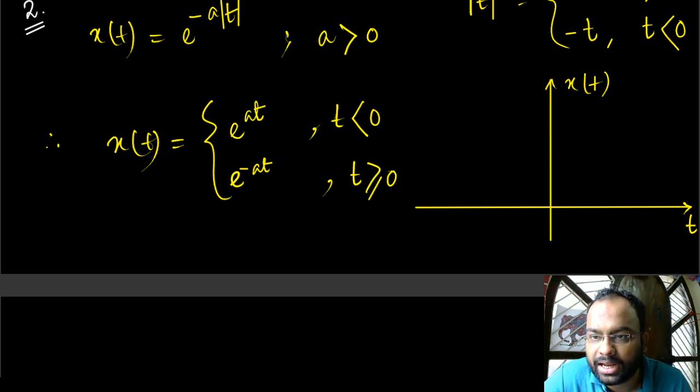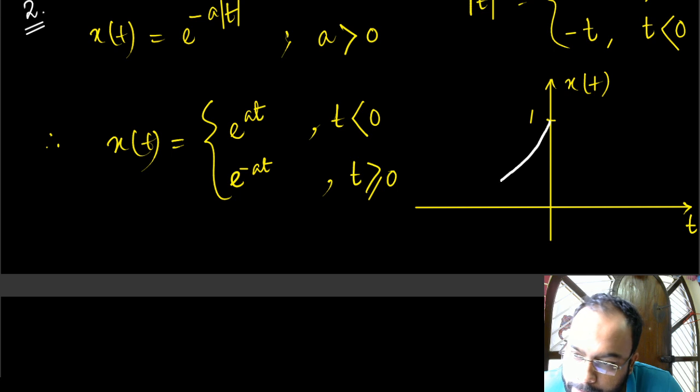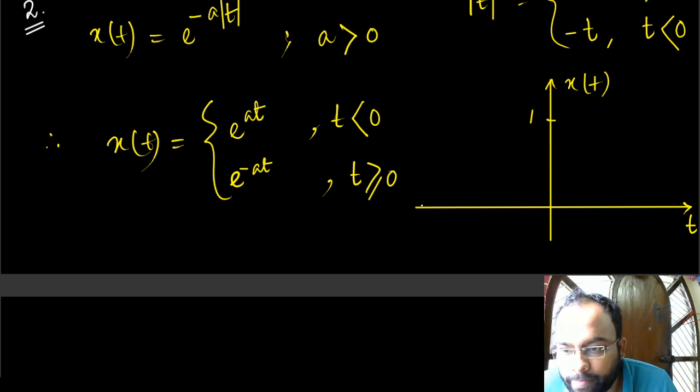So this signal is a very weird one, where the maximum value the signal ever reaches is equal to 1, and it decays in both directions. It decays in this direction. Bad drawing.